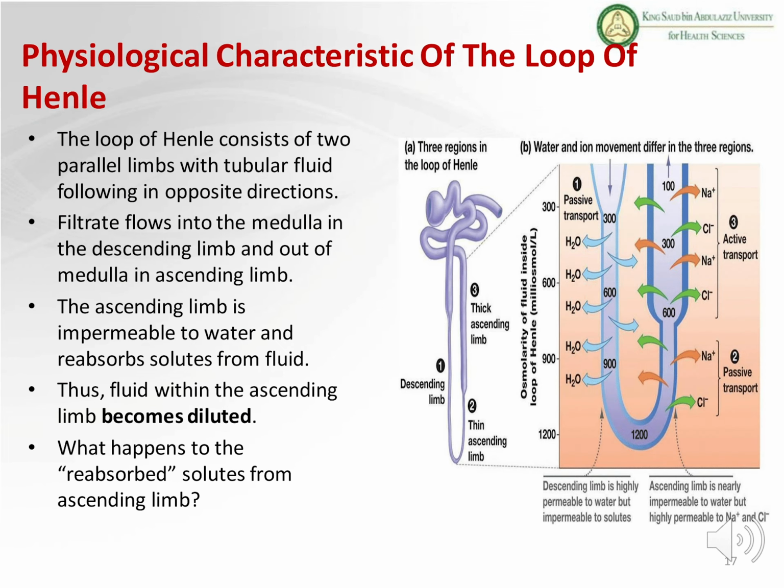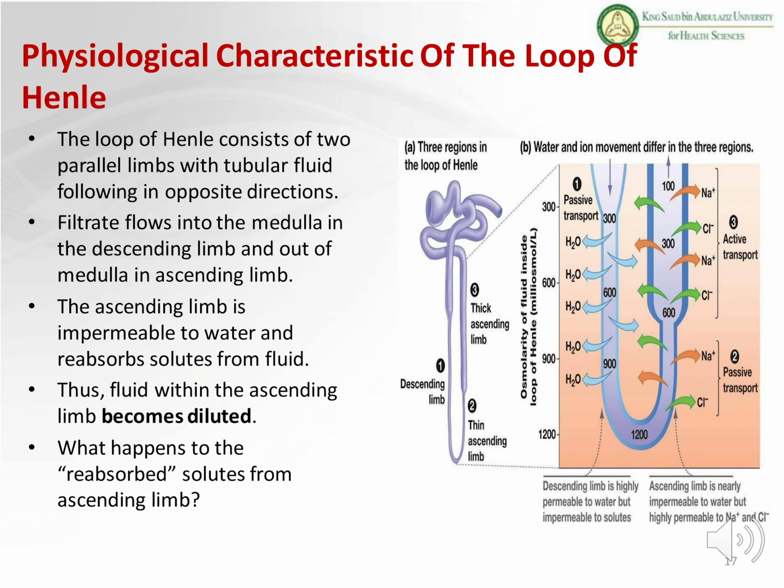In order to explain the countercurrent mechanism that occurs in the medulla, we need to know some physiological characteristics of the loop of Henle. The loop of Henle consists of 2 parallel limbs with tubular fluid flowing in opposite directions. Filtrate flows into the medulla in the descending limb and out of the medulla in the ascending limb.